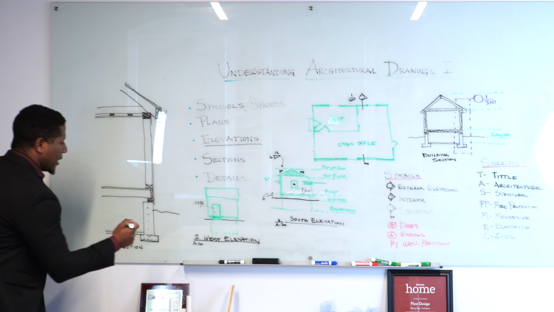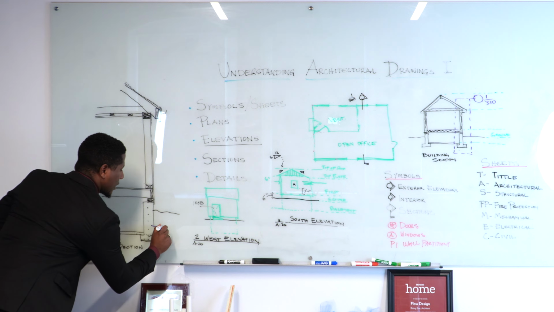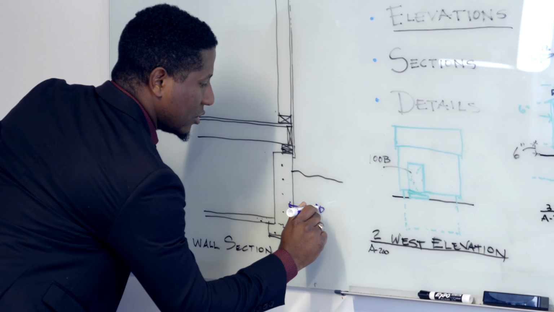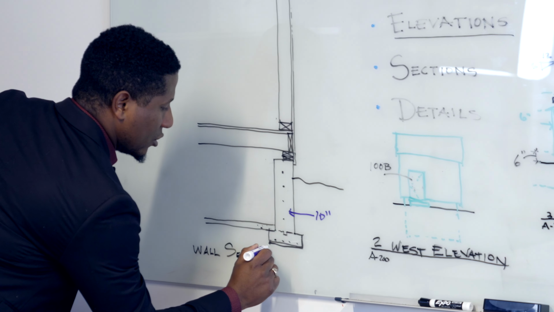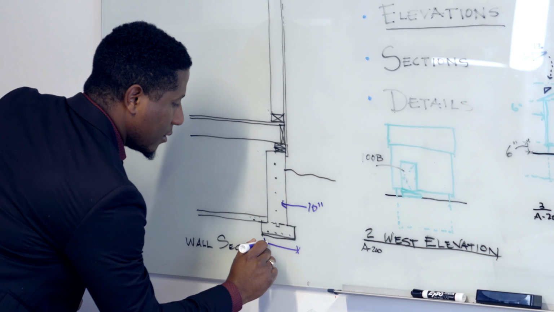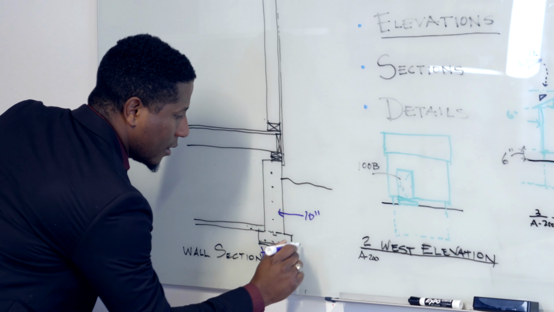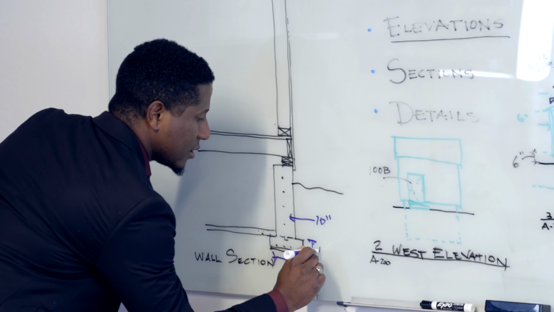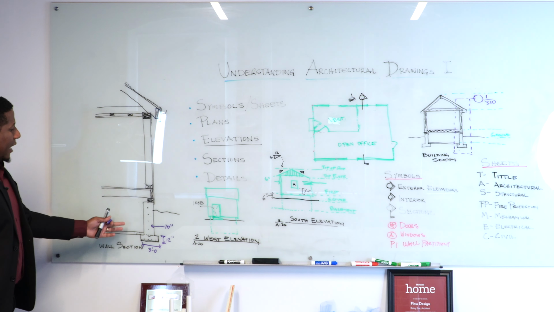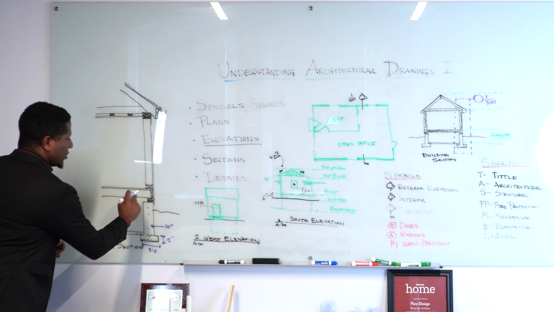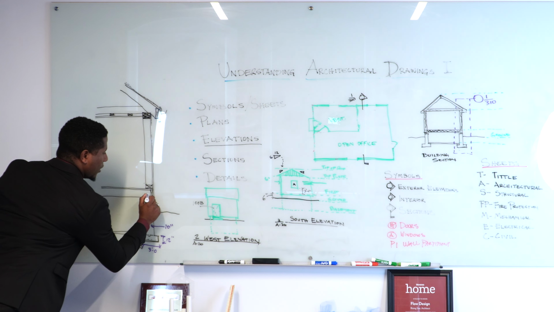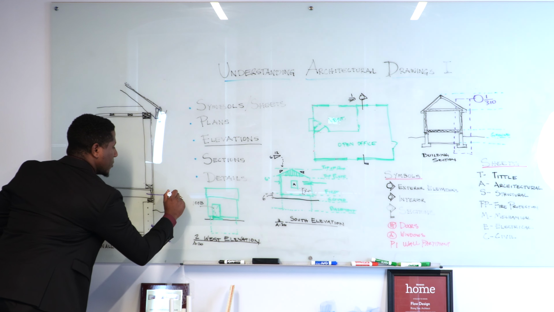In here, you will be able to know, hey, that foundation wall is 10 inches. This dimension, let's say, is 3 feet, 3 feet by 12 inches. In the wall section, you will be able to tell, oh, that floor joists are actually 2 by 10.